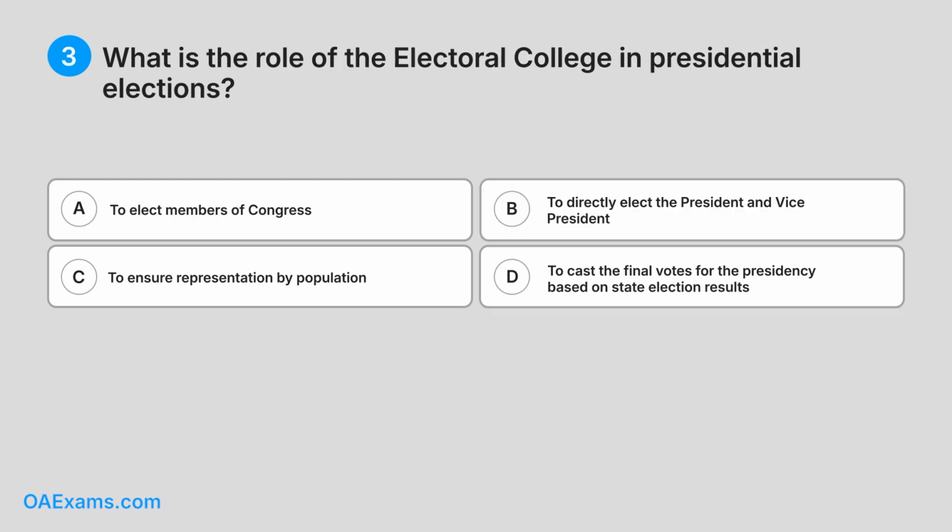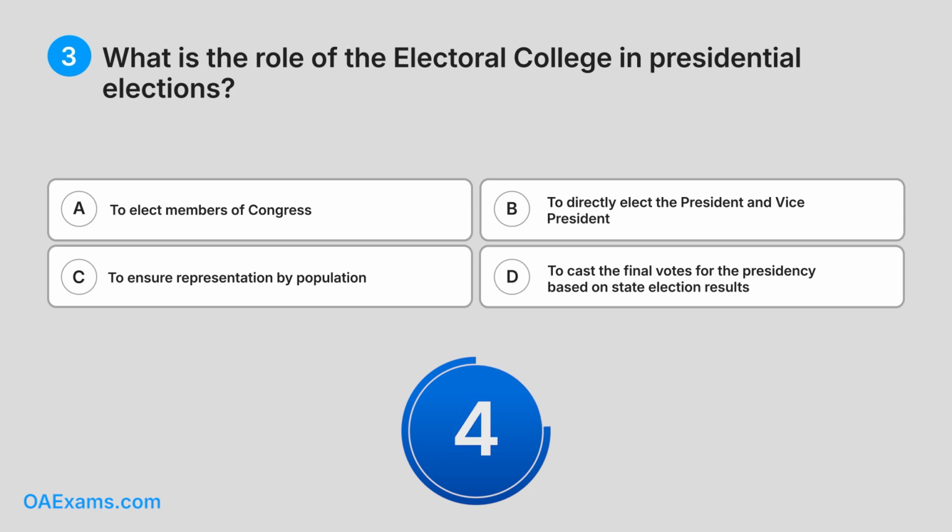3. What is the role of the Electoral College in presidential elections? A. To elect members of Congress. B. To directly elect the President and Vice President. C. To ensure representation by population. D. To cast the final votes for the presidency based on state election results.